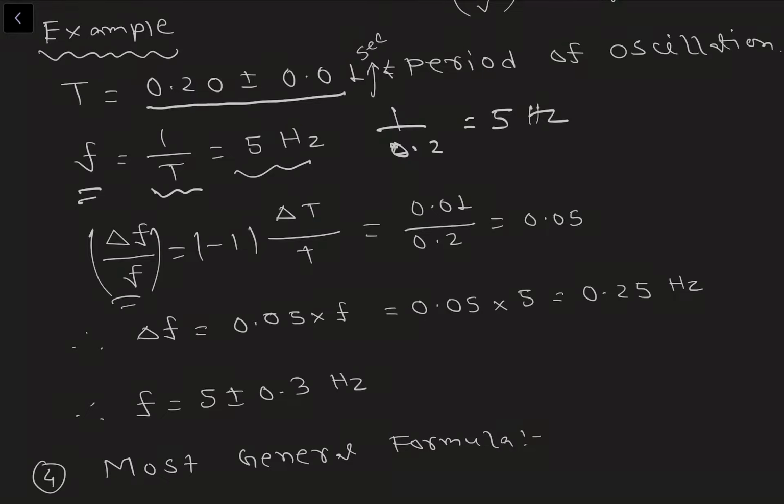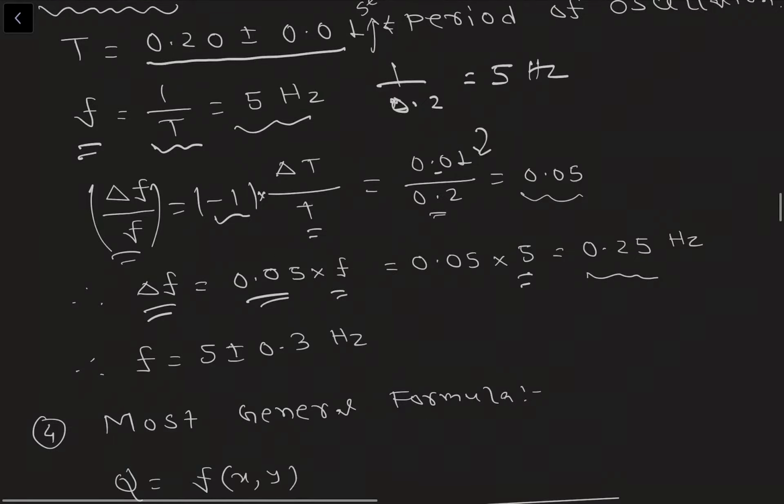Now the relative error in our frequency will be modulus of 1 into the relative error of the measured time, 0.01 by 0.2, which is 0.05. So our absolute error in frequency is relative error into the value of frequency, and it is coming out to be 0.25 hertz.